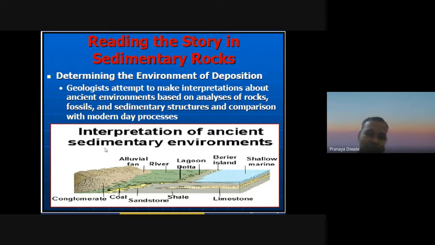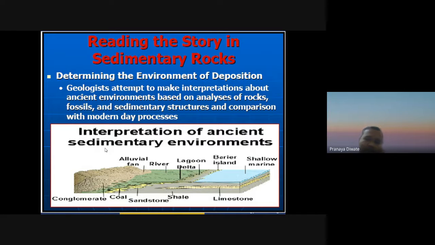These are the two major types. In the continental environment you have lake, fluvial, alluvial, deltaic, and lagoonal environments, all part of the continental environment. In marine you also have shelf, neritic, and deep sea environments. So these are the different kinds of environment we have.